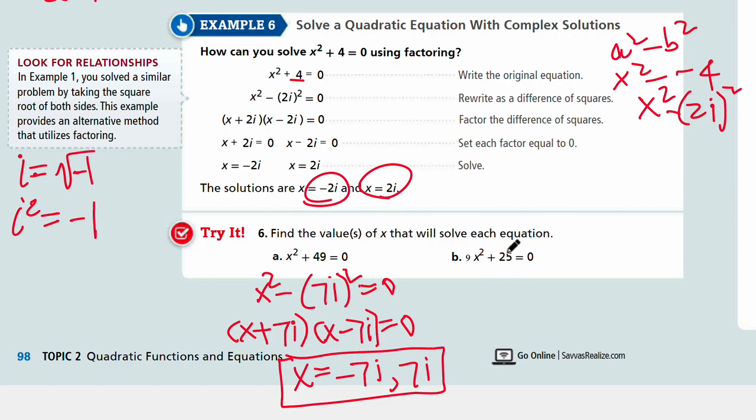And for b, using the same method, rewrite this as a difference of squares, but you need to factor out your 9 as well. So there is a 9, but 3x squared would be 9x squared, right? So rewrite it as a squared minus b squared, right?